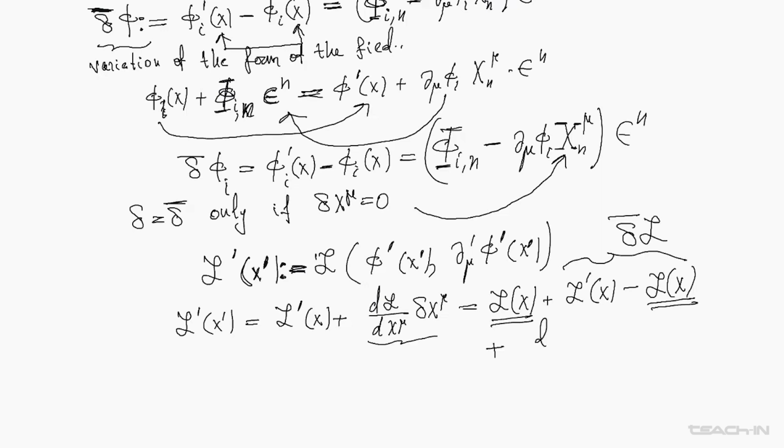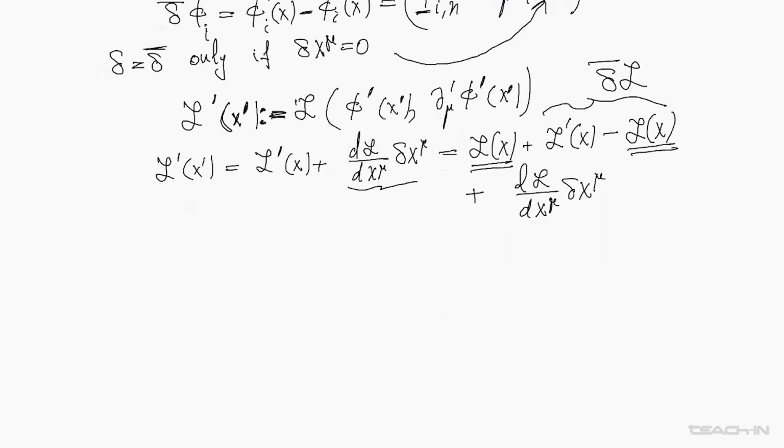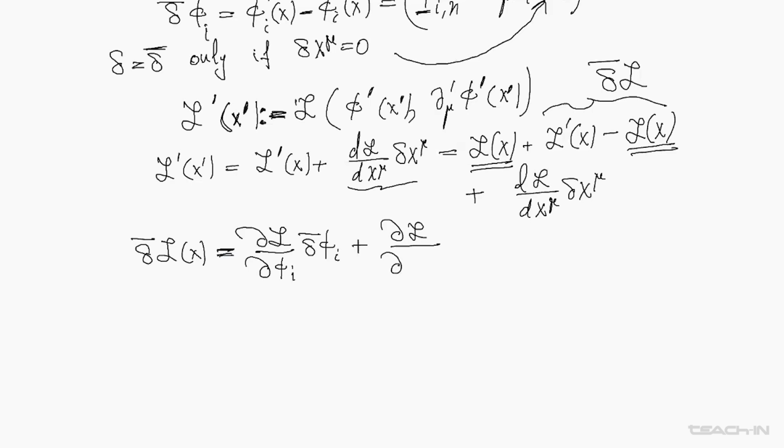And the variation of the form δ̄L is computed in the usual way as any variation. First, I differentiate the Lagrangian with respect to the field φ_i, and then I take the variation of the form of this field φ_i. Then I differentiate the Lagrangian with respect to the derivative ∂_μφ_i, and I take the derivative of δ̄φ_i.